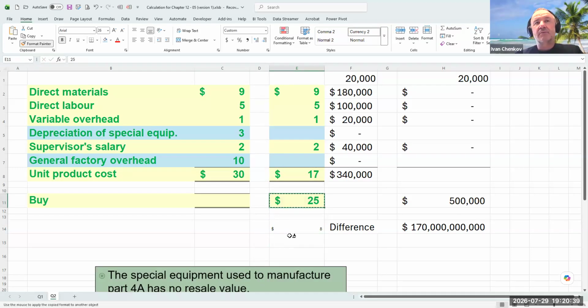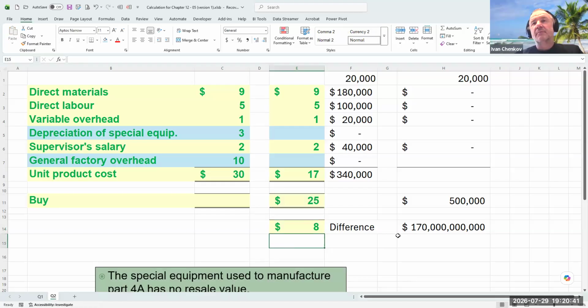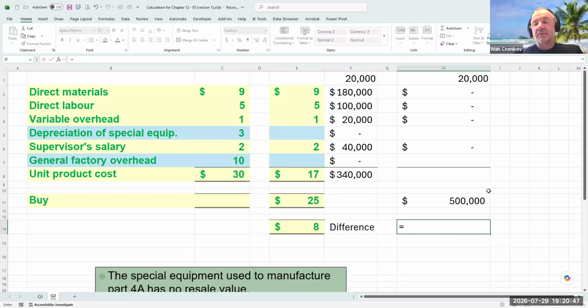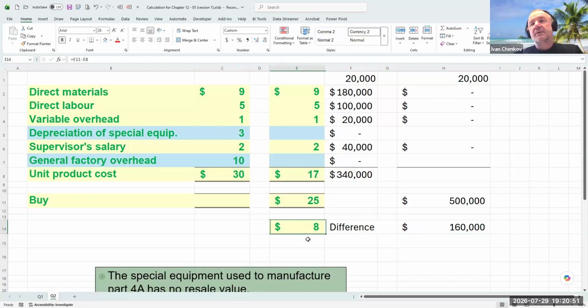We have our $8 difference times 20,000 units. That's going to be this one minus that one, 160. So $8 times 20,000 units gives us a $160,000 difference.